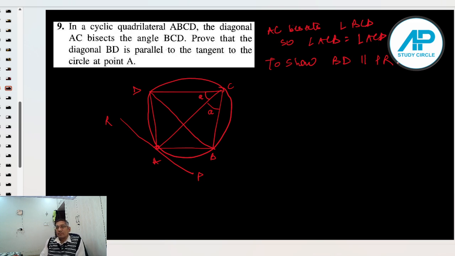To show BD is parallel to PR, angle ACB is equal to angle ACD, which is given to us.